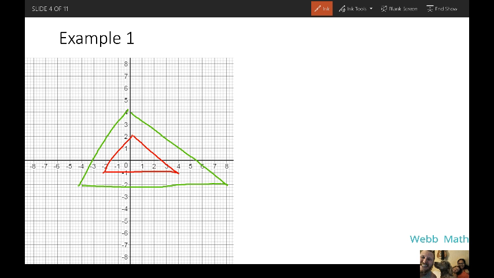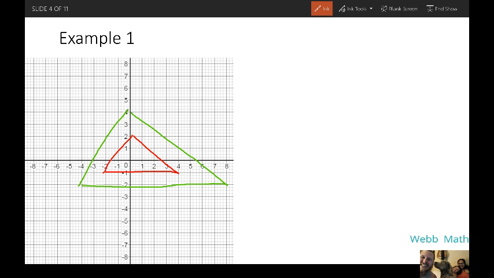They're basically going to ask you to describe the transformation so that you can map the green triangle to the red triangle. And what does this confirm about the triangles? Basically, it's asking what transformation was this, and is the green triangle similar to the red triangle?